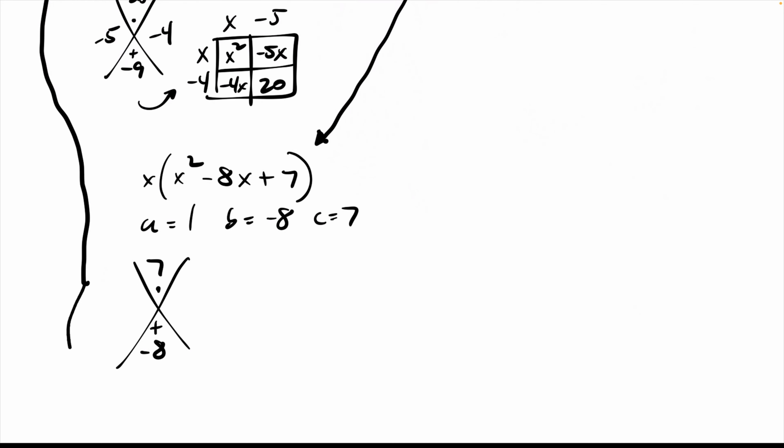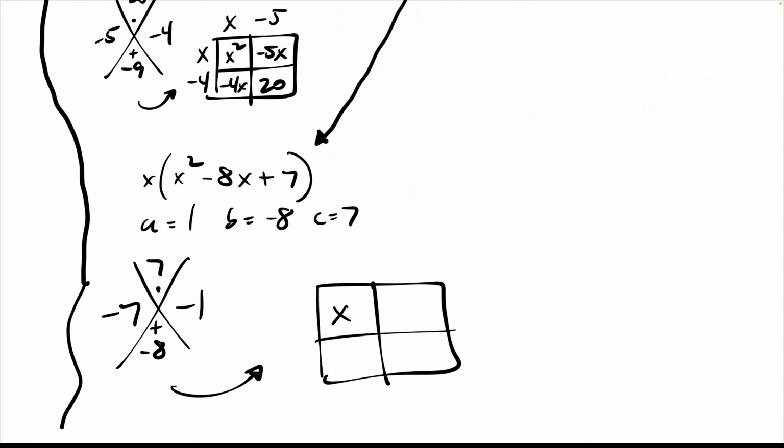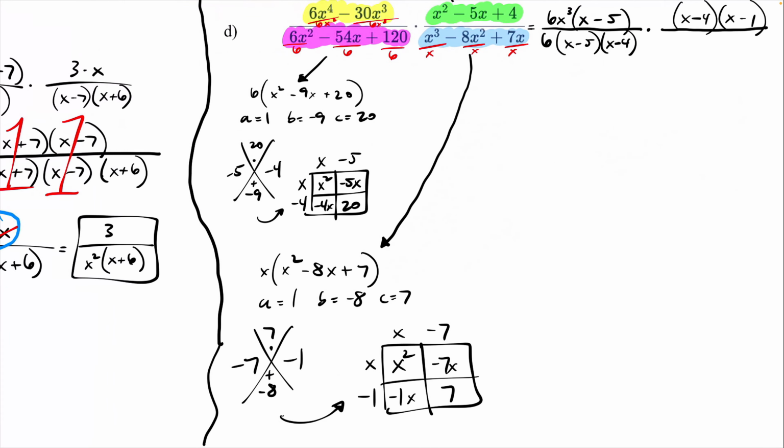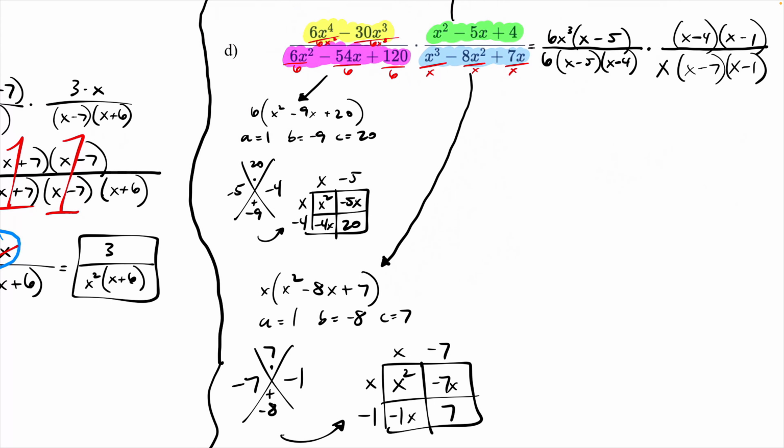The two numbers that multiply to be +7 and add up to be -8. -7, -1. Yep. Okay, so I get x minus 7 and x minus 1. And then my GCF of x. I want to make sure I put the GCF of x there too. Okay, that's the most tedious part because you have to break down everything, and if it's a trinomial or a binomial with GCFs and all that, sometimes it can take a little bit of time.